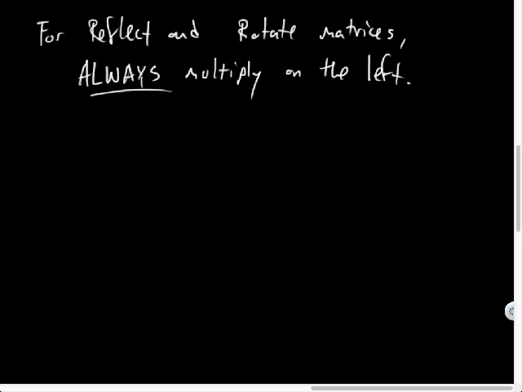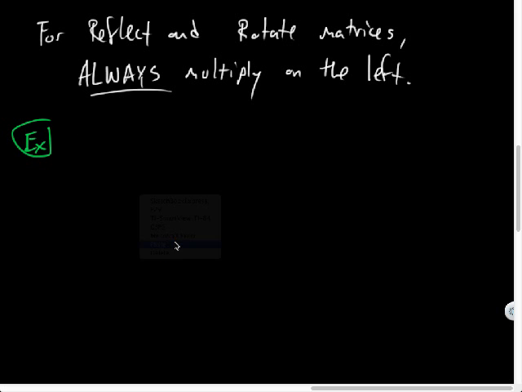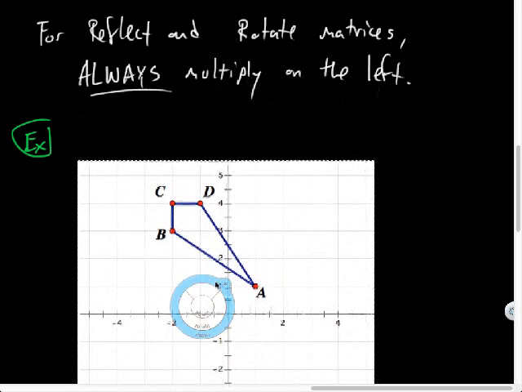So let's do another example here. Oh, errors, friends, errors. Here we go. Example. Where is my mouse at? There we are. Example. Okay, here's my little sketch.